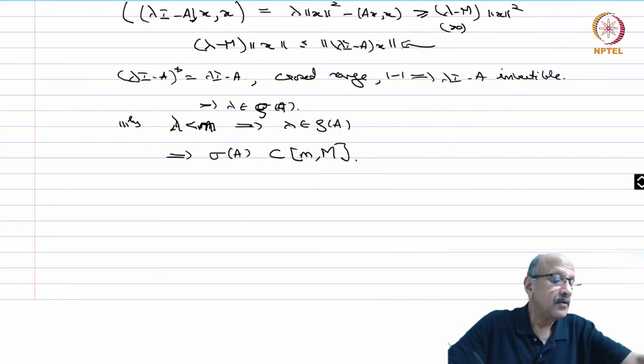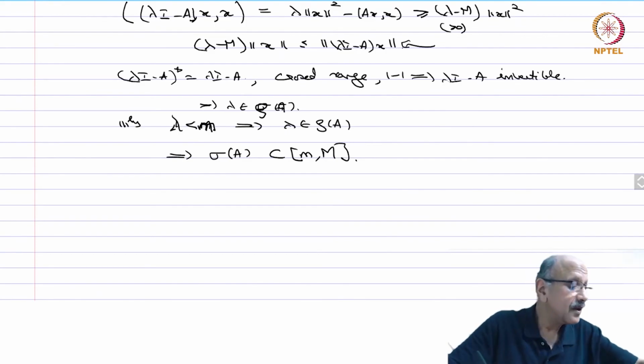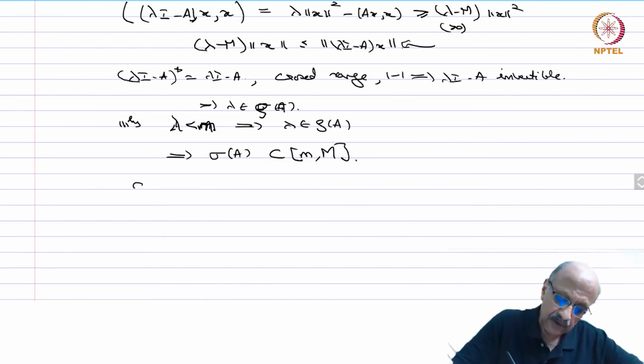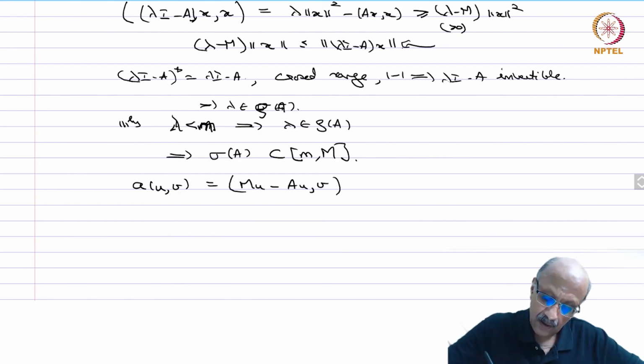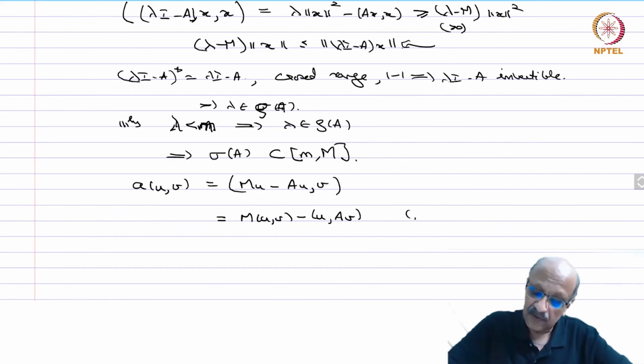Okay, so now for the remaining thing, you consider this bilinear form, [u, v] equals (Mu minus Au, v). This is equal to M(u, v) minus (Au, v), which is (u, A star v), which is (u, Av) since A equals A star.